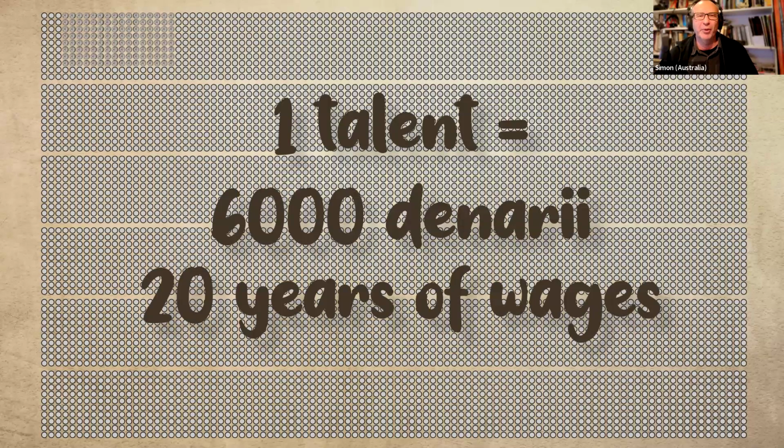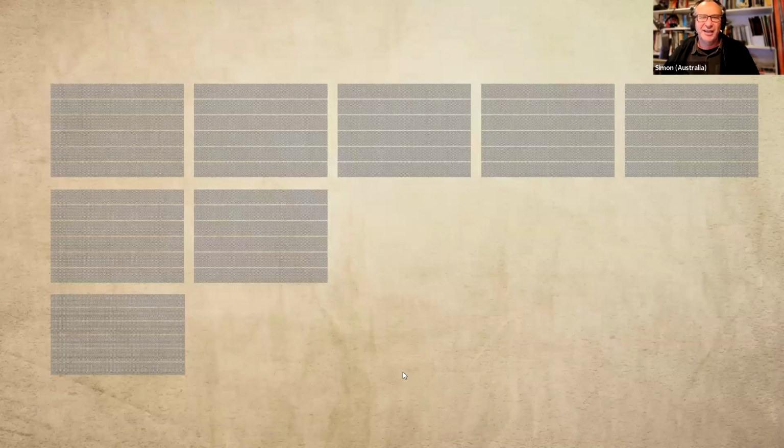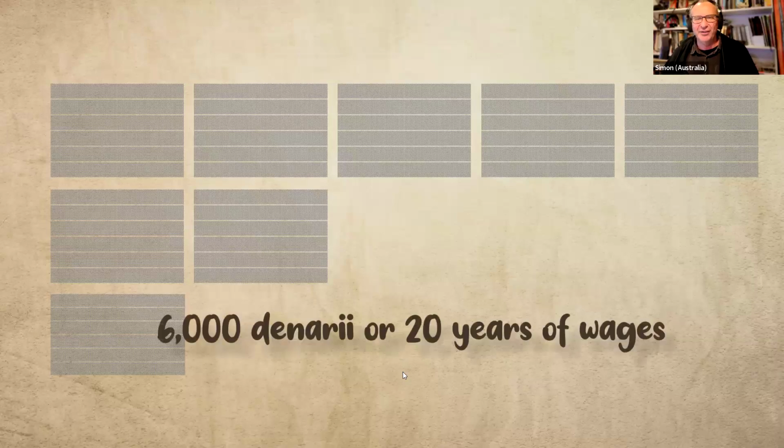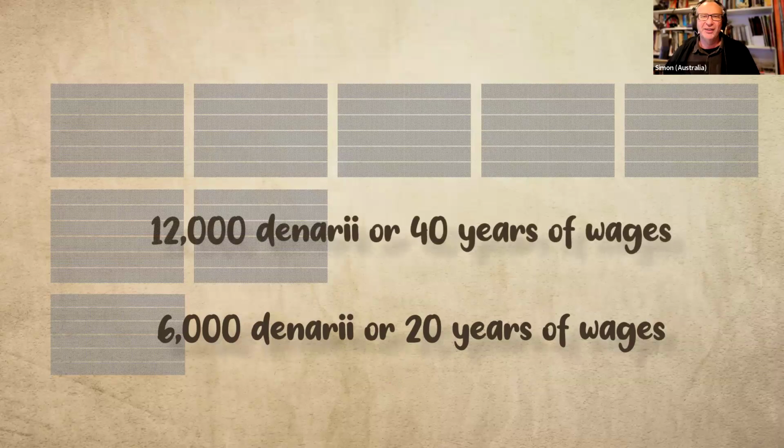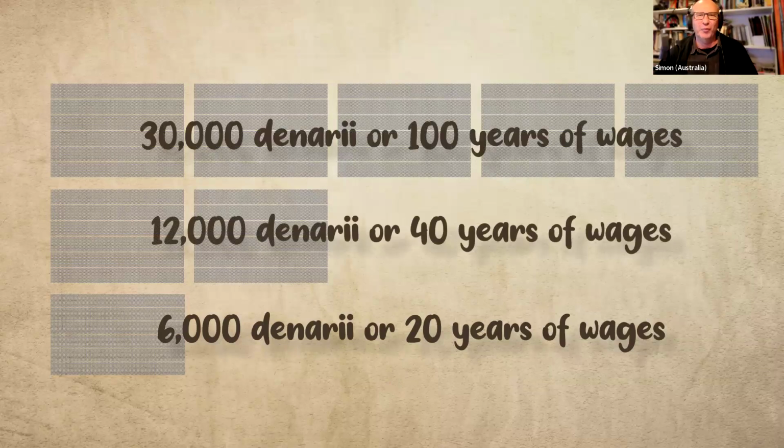So in the parable where Jesus says the man gave one talent, two talents, and five talents, he's not talking about something small. He gave 20 years of wages, 40 years of wages, and 100 years of wages. Now, just think about that for a moment.